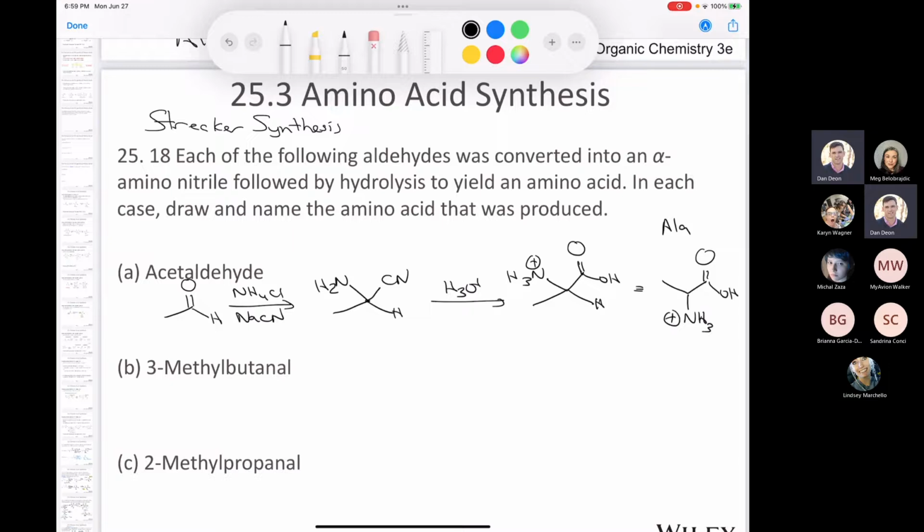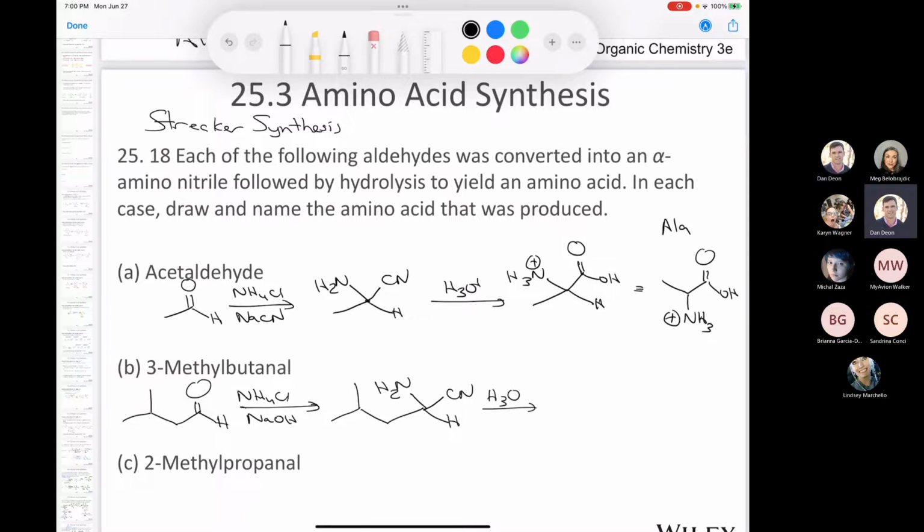Let's try another one. If you had 3-methylbutanal, 1, 2, 3, 4, the exact same approach, ammonium chloride and sodium cyanide. We get the alpha aminonitrile, which looks like this. We have the nitrile, we have the amino group, and then we hydrolyze the nitrile in acid. And of course, we protonate the amine, end up with this.